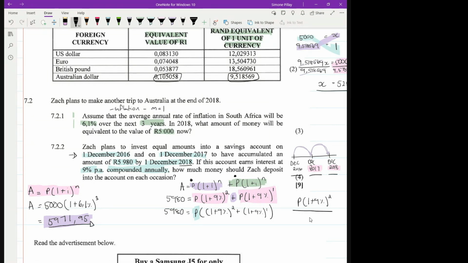Meaning, when I take something out as a common factor, you have to divide that term by P. And when I divided by P, my P's cancel out here, and what I was left with was my 1 plus 9% squared. Now, think about when you have something like 2x plus xy.